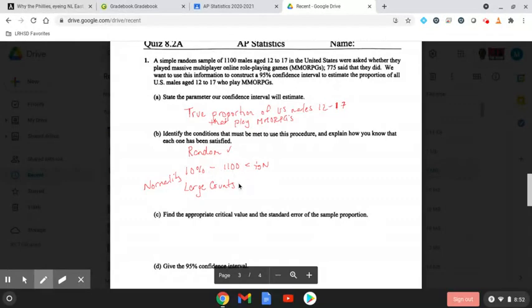The large counts condition basically says that your number of successes, those that answered yes, and the number of failures, using those terms loosely, the number that answered no, both have to be at least 10. If they are, this condition is satisfied. So prior to moving forward, we got to make sure that those three are all squared away.